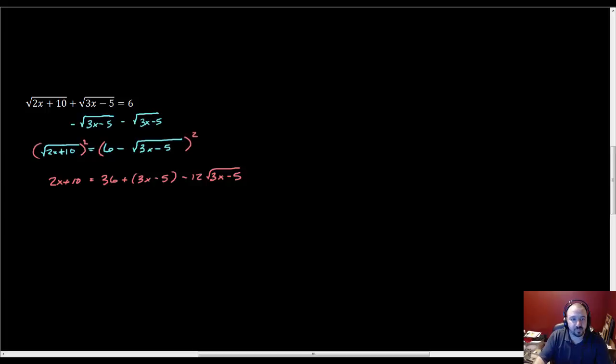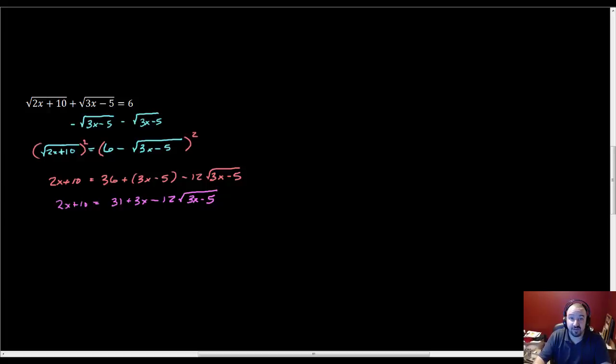Clean everything up. So if we combine like terms, we get 2x plus 10 is equal to 36 minus 5 is 31 plus 3x minus 12 roots of 3x minus 5. And then I'm just going to pull everything over to the other side.